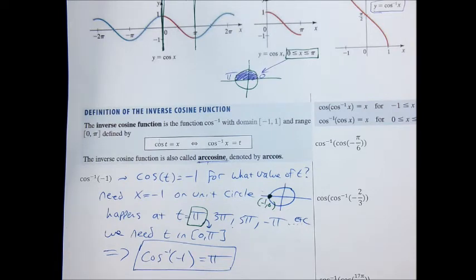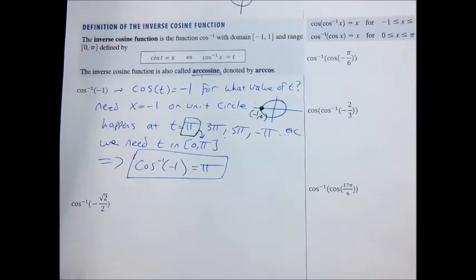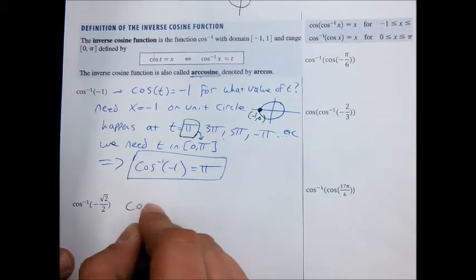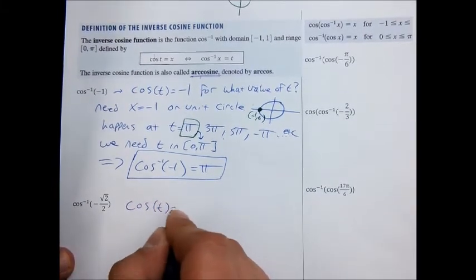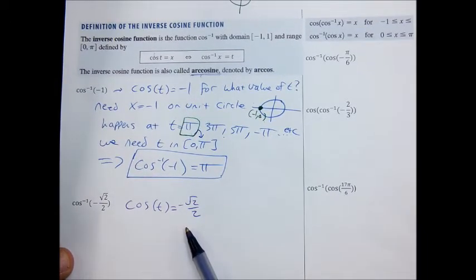Questions about what I just said or this problem, this idea? All right. I'd like you to give the second one a try then. I'll set it up, right? So the way you think about the second one is you want to think, what do I need to plug into cosine to get an x value of minus root 2 over 2?